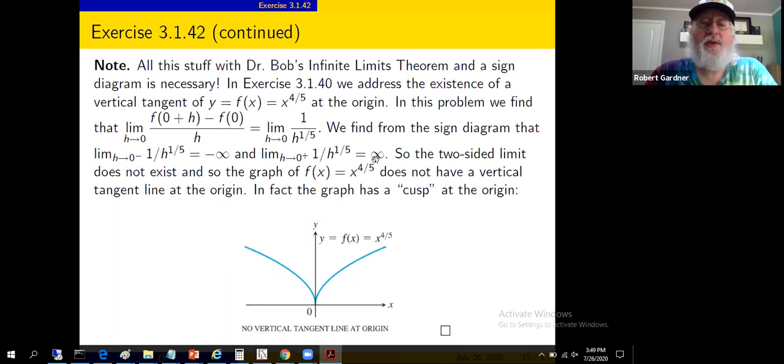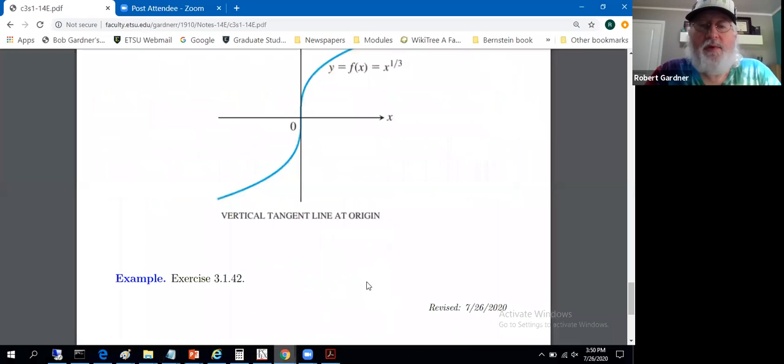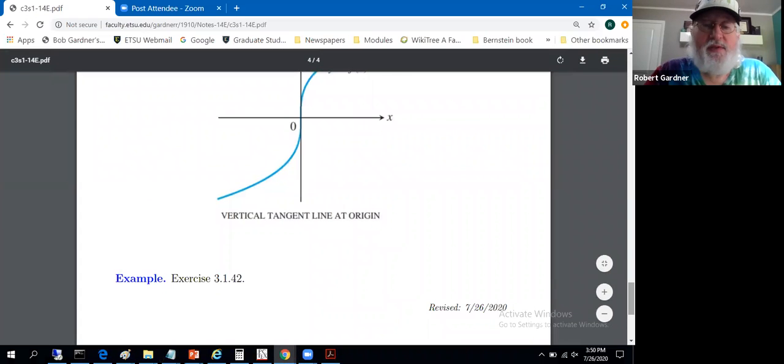When the limits are different, one negative infinity and one positive infinity, that leads to this cusp behavior. More of that in a future section, but this is why it matters whether we have those limits existing from one side or two. And I think that takes care of this section here.